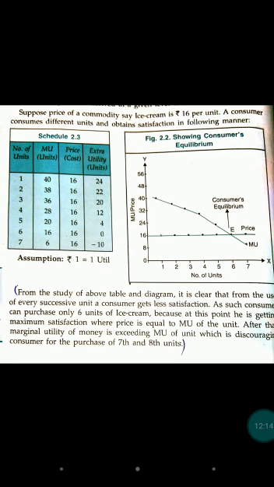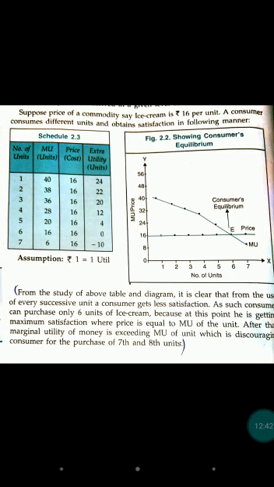At unit 6 our satisfaction is 16 utils and we pay 16 rupees. So the consumer will reach equilibrium at the 6th unit, because here MUX is equal to price. Here MU is equal to price, so at unit 6 we get satisfaction.